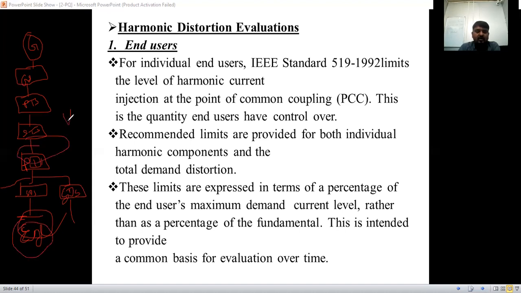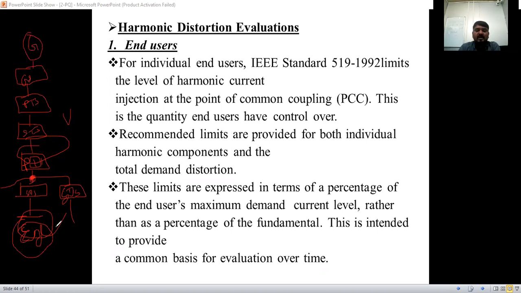The point where utilities and end users are connected is called the common coupling point. Under these three places only we can evaluate the harmonic distortion.